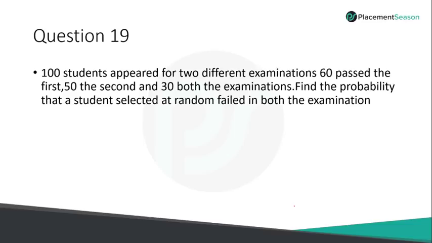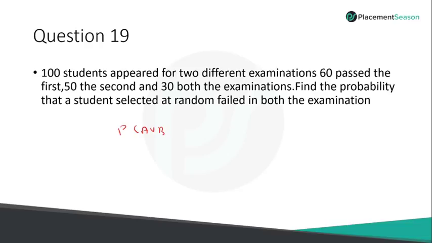The 19th one. 100 students appeared for two different examinations. 60 passed from the first and 50 from the second. 30 passed in both exams. So find the probability that a student selected at random failed in both examinations. So now we have to calculate.